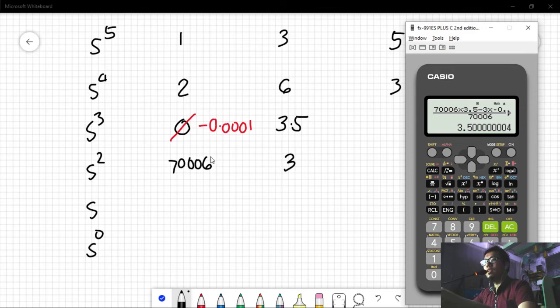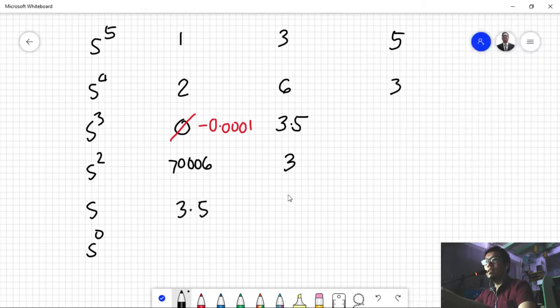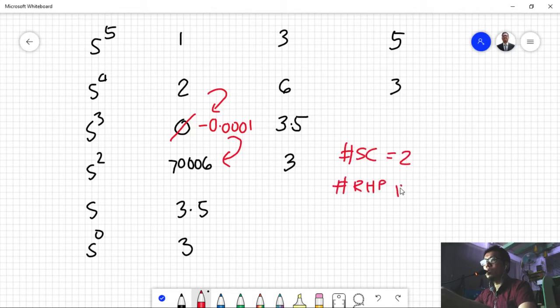Okay, so this is 3.5, this is 0, and then this is 3. Okay, so again, counting the number of sign changes, you would have 1, okay, and then 2. So you still have the number of sign changes to be 2. Therefore, the number of right half plane poles is equal to 2, and the number of left half plane poles equals 3. So ganun pa rin.